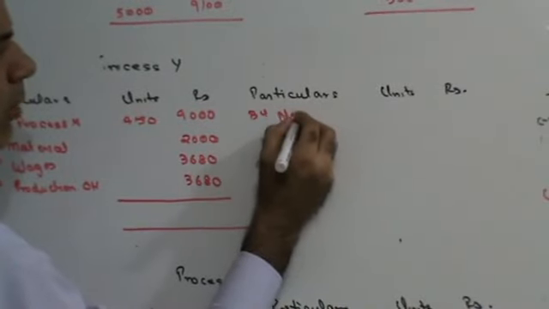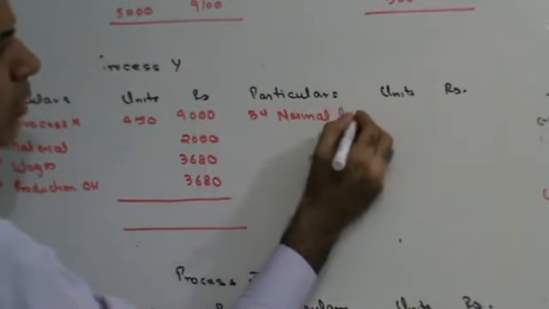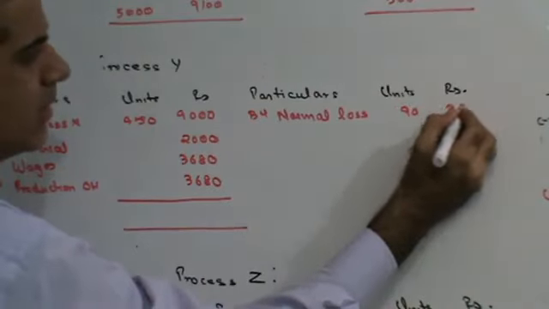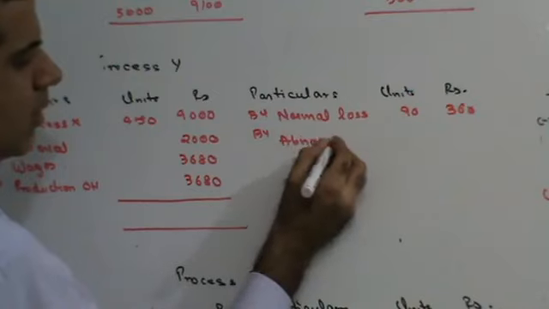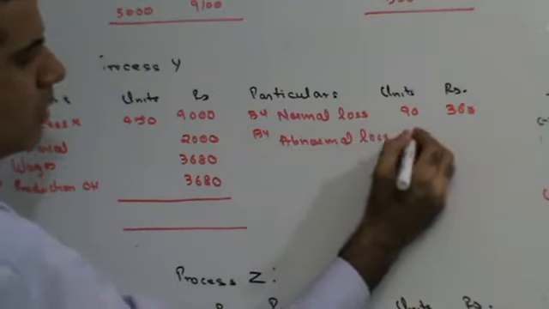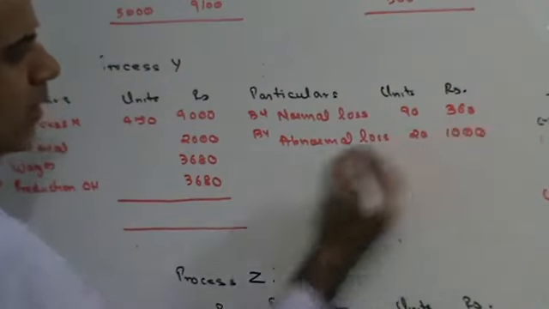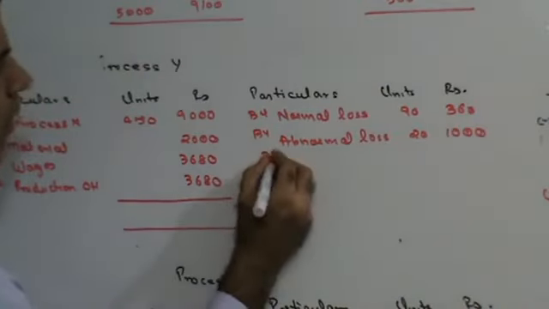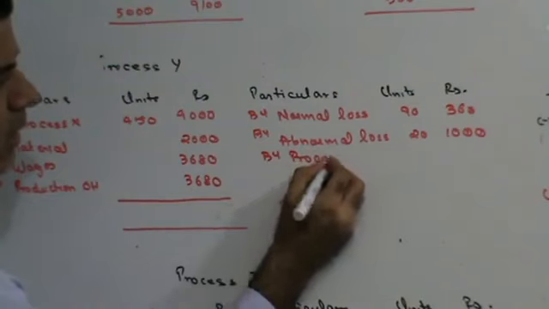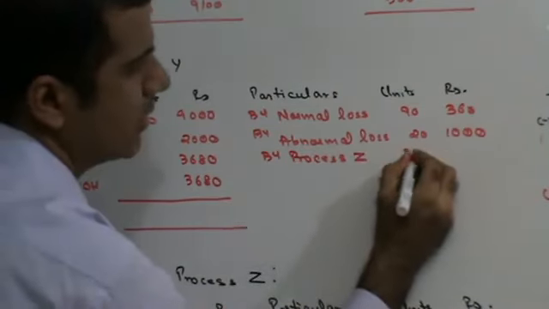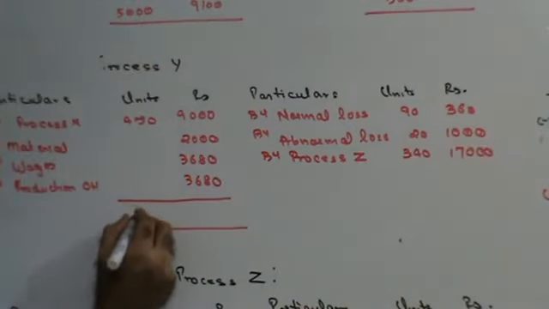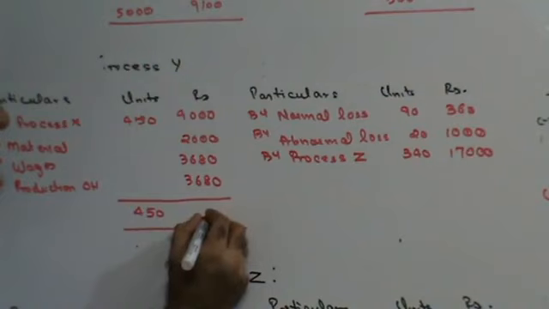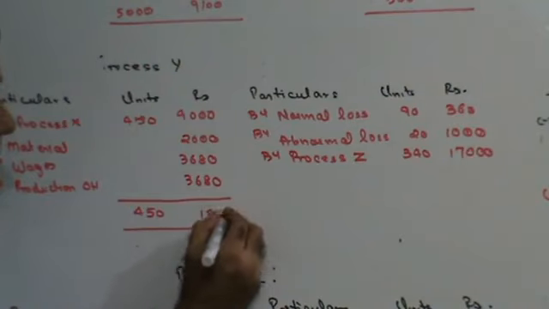Transfer this, this is going to be by normal loss. Normal loss is 90 and 360, by abnormal loss, abnormal loss is 20 and 1000, and by process Z is 340 and 17,000. Carry this, this is 450 and this is going to be 18,360.